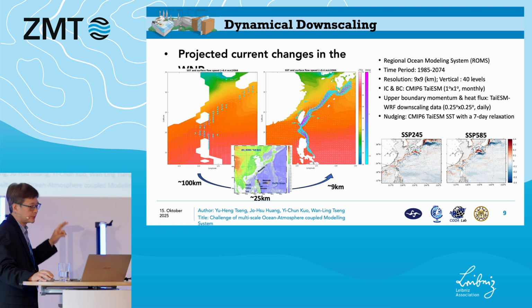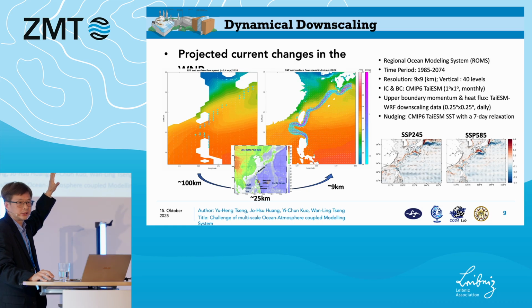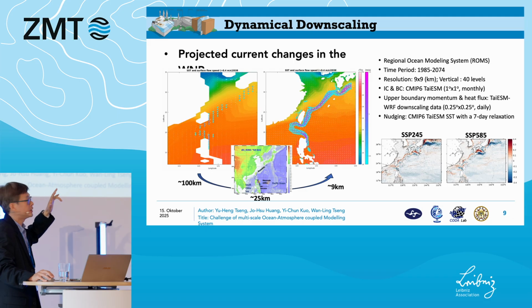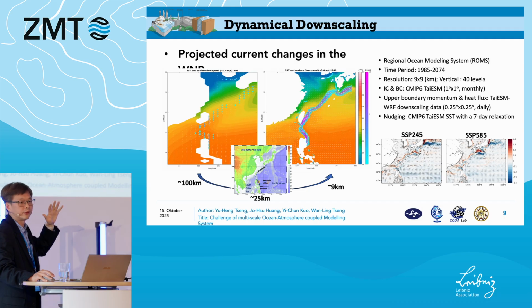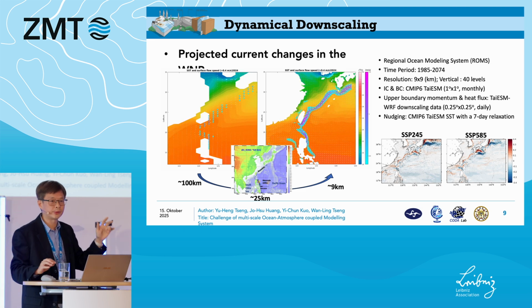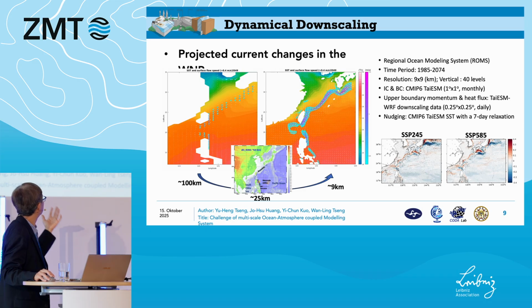But in order to get these models running well, we need to force the ocean with another atmosphere forcing of around 25 kilometers to get more accurate Kuroshio behavior. One example is the Kuroshio loop current intrusion.